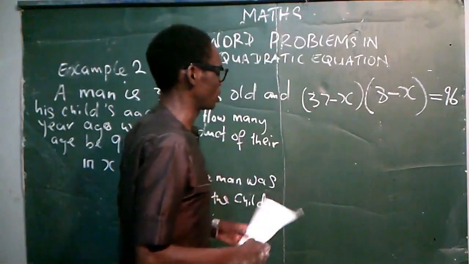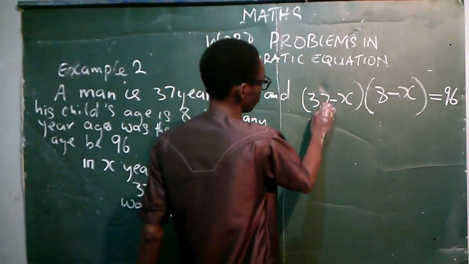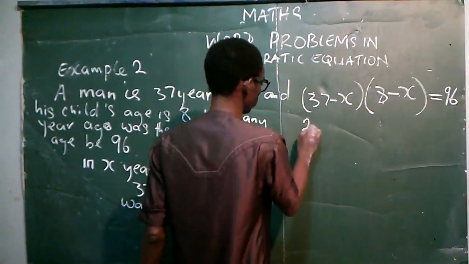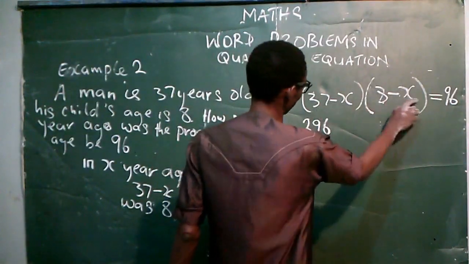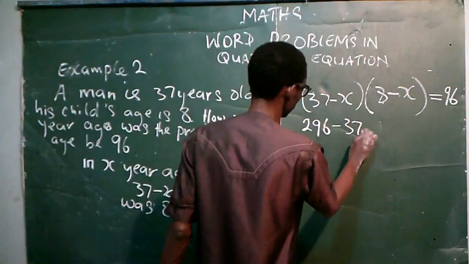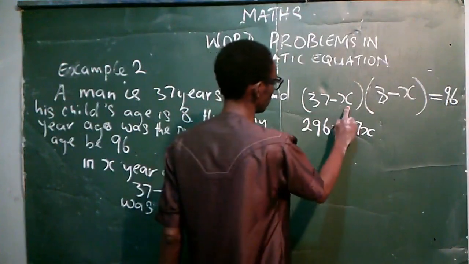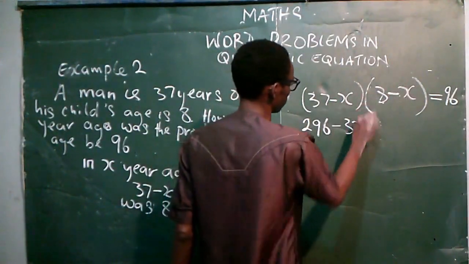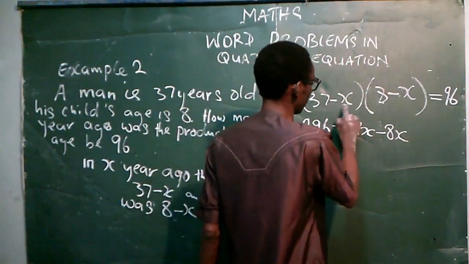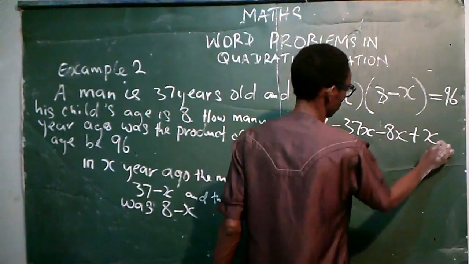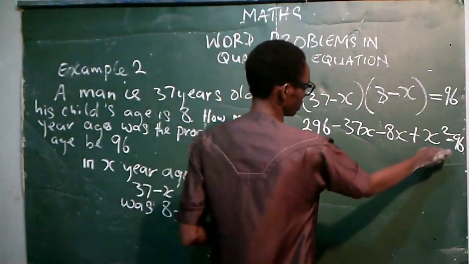Having arrived at this, you expand. 37 times 8 will give me 296. 37 times minus x will give me minus 37x. Then minus x times 8 is minus 8x. Minus x times minus x will give me plus x squared, equals 96. Let me arrange the equation.